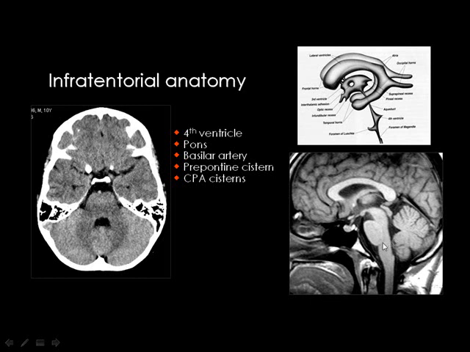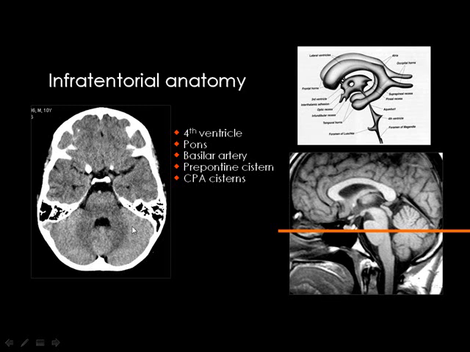The brainstem is composed of 3 parts, as you all know: the medulla oblongata, the pons, and the midbrain. If you have a section like this, cutting through the fourth ventricle when it is large, you know that anterior to the fourth ventricle is the brainstem, and posterior to it is the cerebellum.